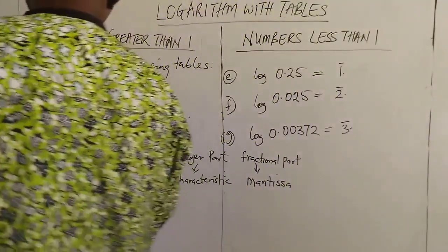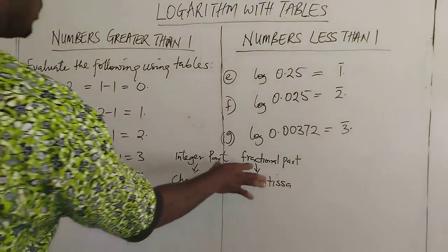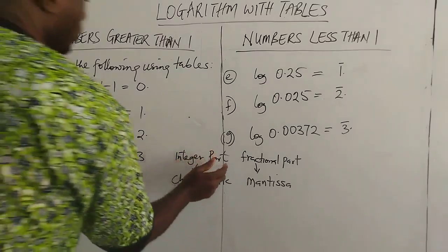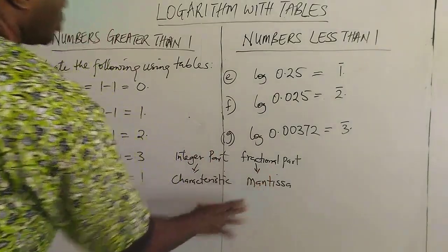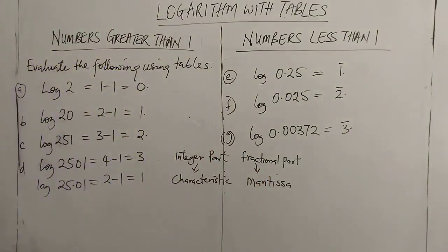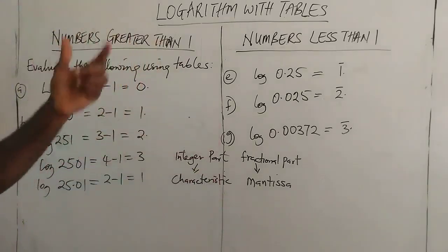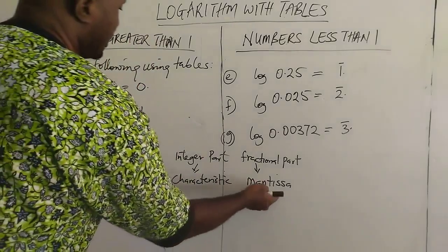Now, for the second part of the number in logarithm, I told you every log of any number has 2 parts. Every log has 2 parts, the characteristic and the mantissa.